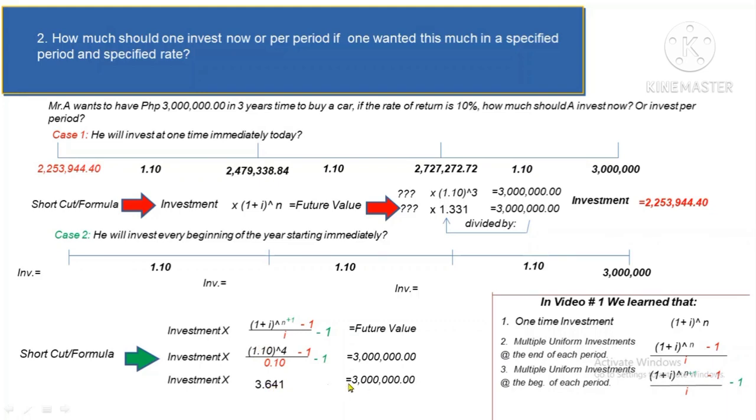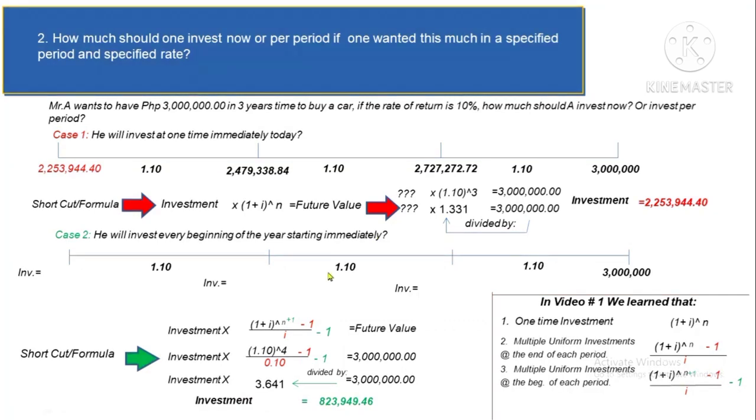And then if you want to get the unknown investment, you just have to divide 3 million by 3.641, and you're going to get the investment equivalent to 823,949.46. So let's check if your investments of 823,949.46 will really become 3 million at the end of 3 years.